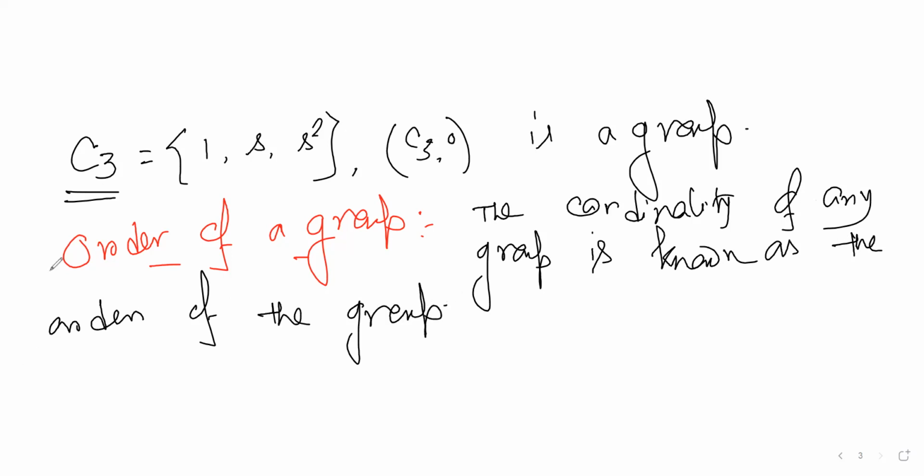So what is the order of this group? The order of the group C3 is 3.